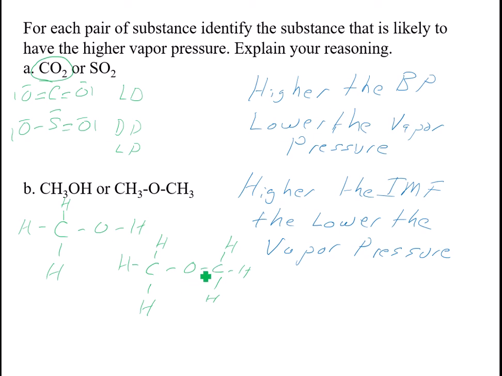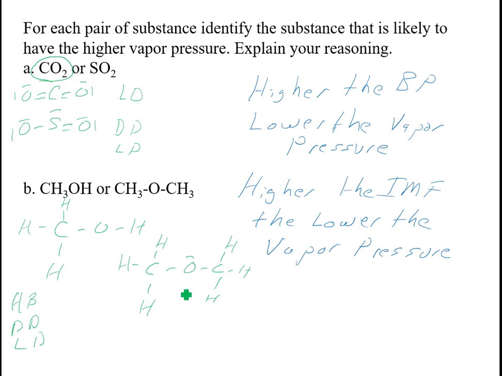All right, so when I first talked about hydrogen bonding, remember a couple slides ago, I said the oxygen and the hydrogen have to be bonded together for hydrogen bonding to occur. So in this molecule, I have no hydrogens bonded to the oxygen. And in this one, I have the oxygen and the hydrogen bonded together. So this one has hydrogen bonding, which of course is dipole-dipole, and London dispersion.